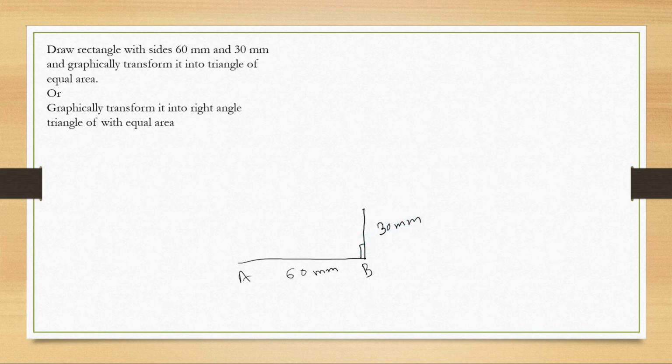This angle should be 90 degrees as it says rectangle, and this will be C. This will again be 90 degrees, 30 mm. So it will look something like this. All the angles in between will be 90 degrees. So this is A, B, C, and this will be D.